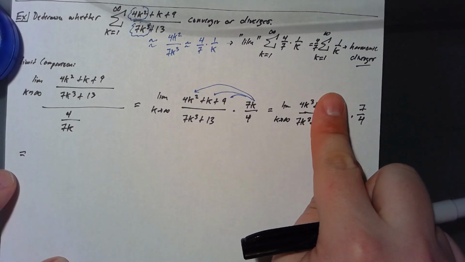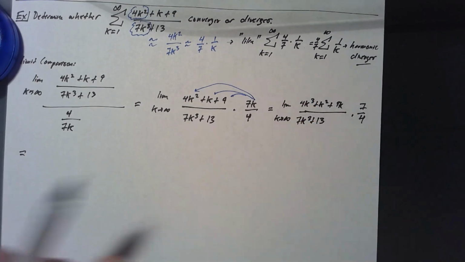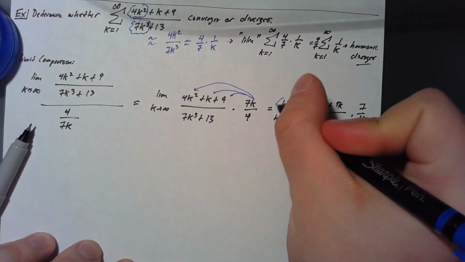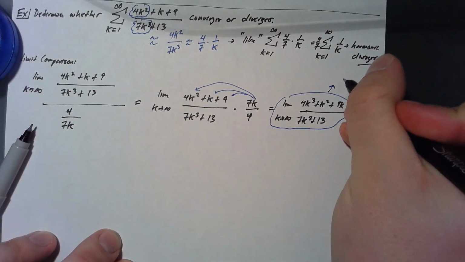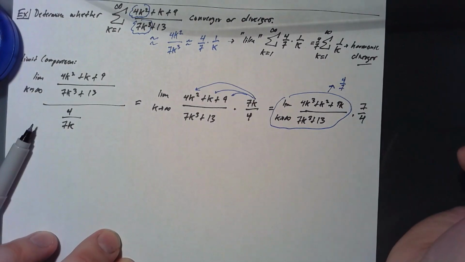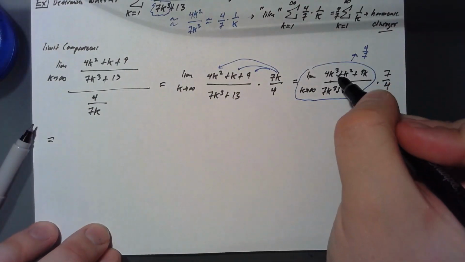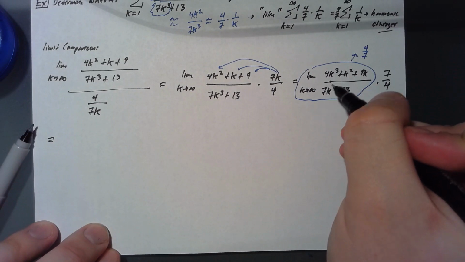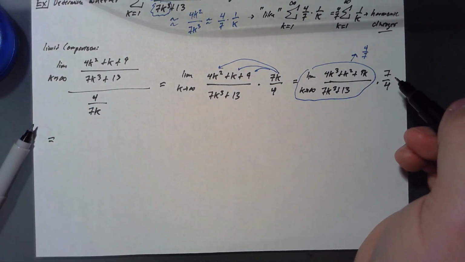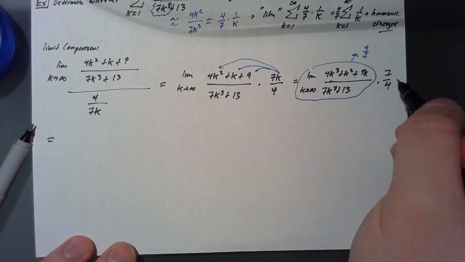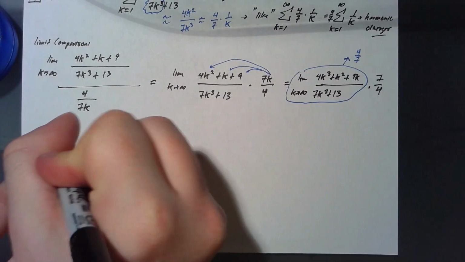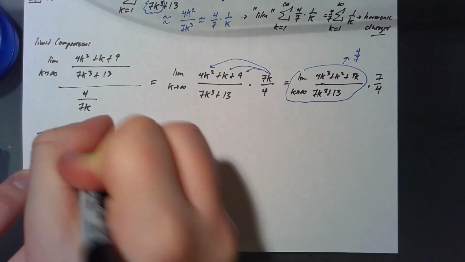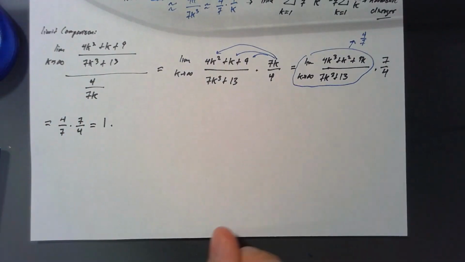So the limit of that is going to go to 4/7, because this is 4 over 7, of the k cubed, the dominant terms. So this is going to be 4/7 times 7 over 4, which is equal to 1.